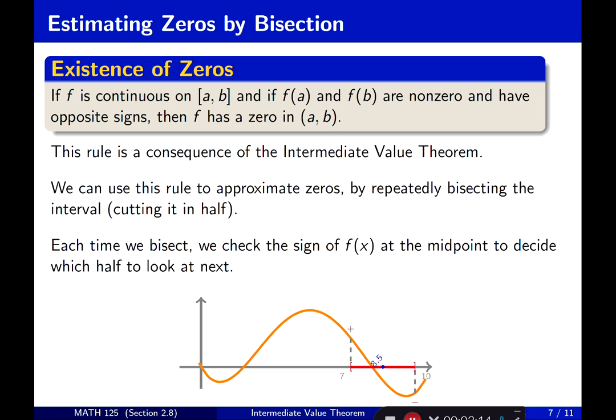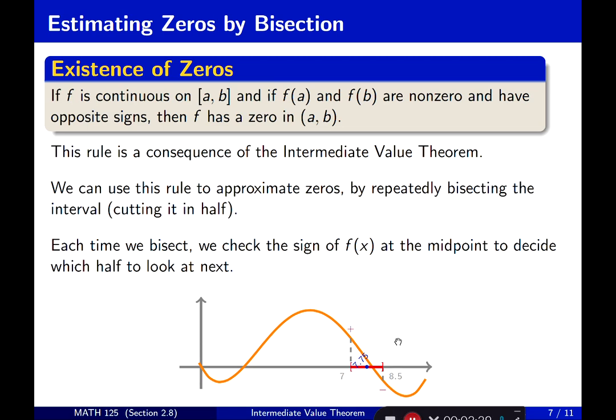Now for 8.5, find the y value. In this case, I know the y value is going to sit below the x-axis, so it's going to be a negative value. So I replace the 10, which had a negative value, with 8.5. Now, on the interval 7 and 8.5, f has different signs.